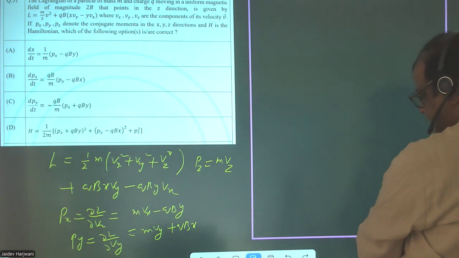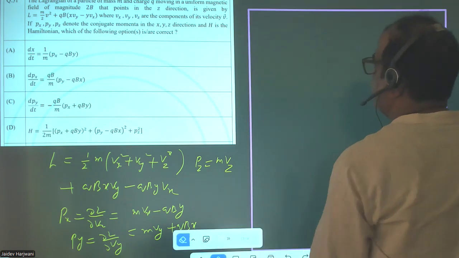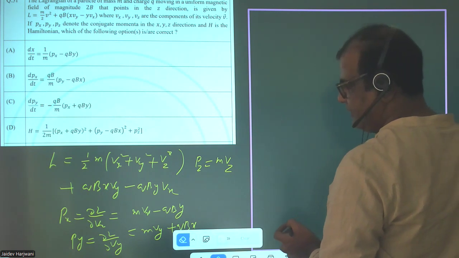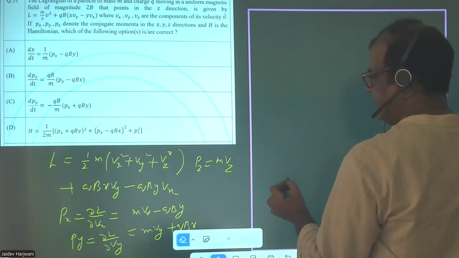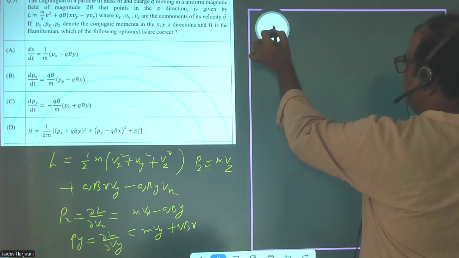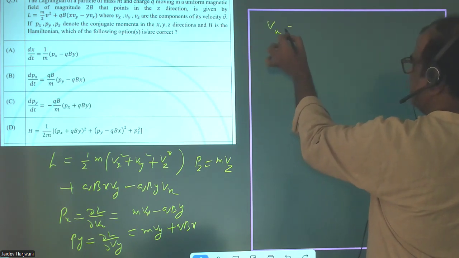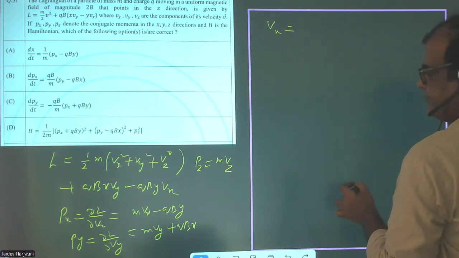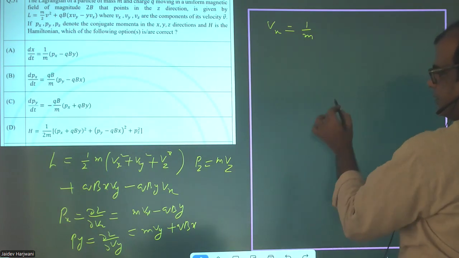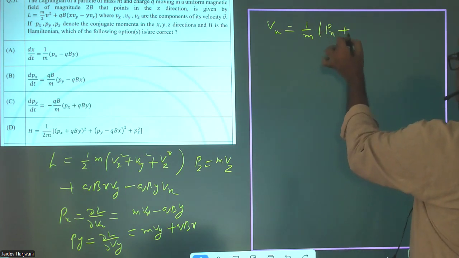Okay, now you have to solve this one for the Hamiltonian. We have px and py values, so I can now solve for vx. My vx will be 1 by m (px plus q B y).